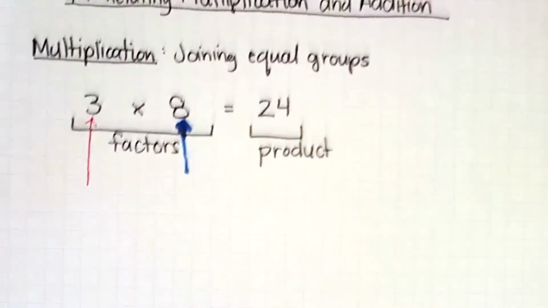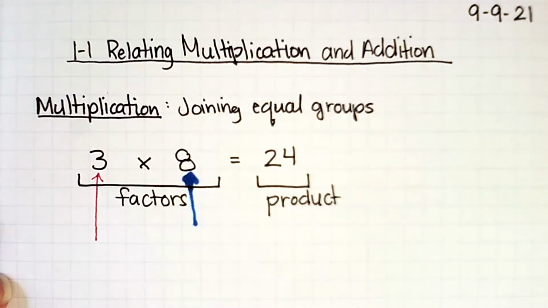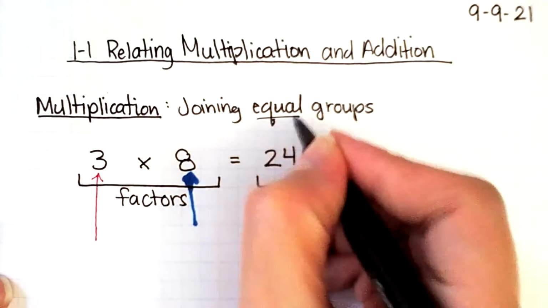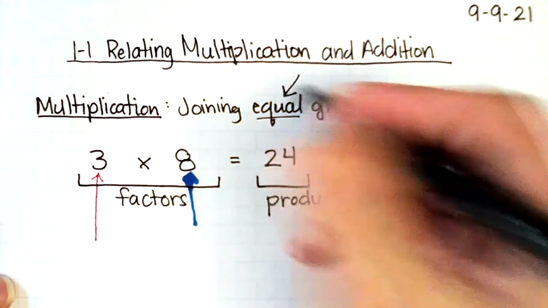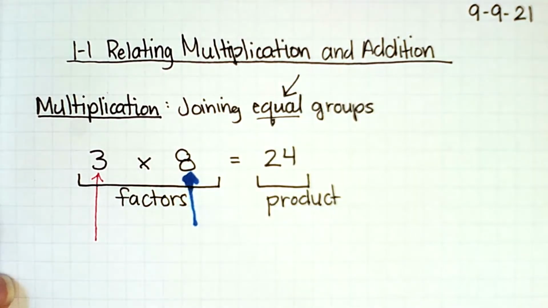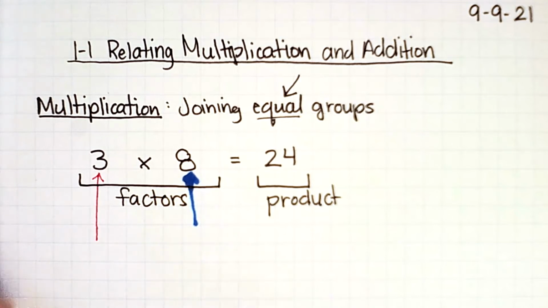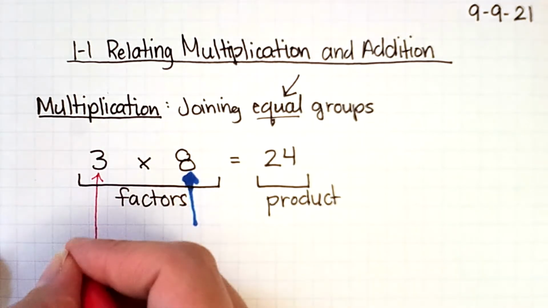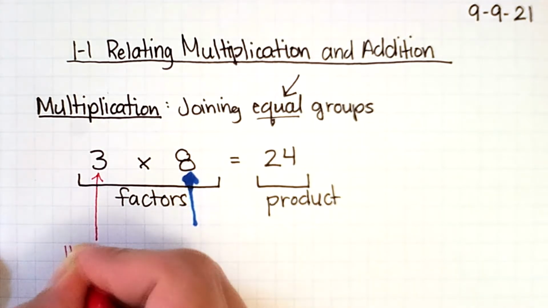Now I wrote down multiplication is joining equal groups. Equal is your important word here. If the groups are not equal, we cannot join those groups together. We also learned the names of the different parts of a multiplication equation. The first number is the number of groups.